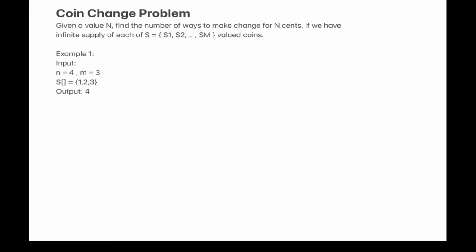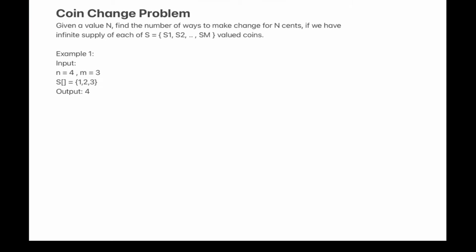So the problem says that given a value of n, we need to find the number of ways to make change for n cents if we have an infinite supply of each of S1, S2, all the way till Sm valued coins.